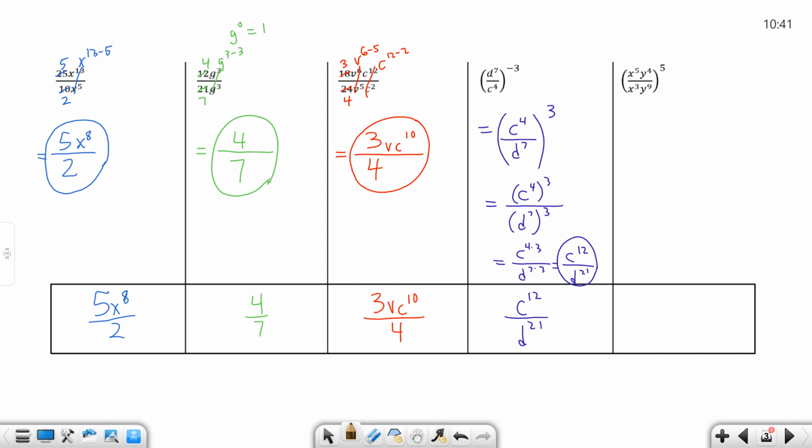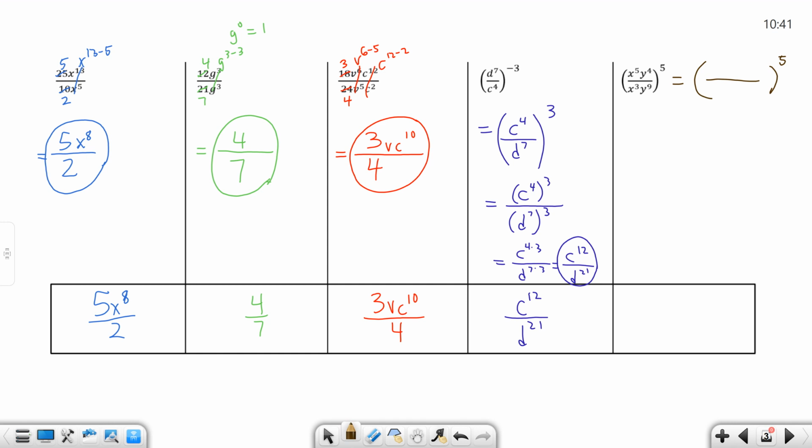So then what about x to the 5th, y to the 4th over x to the 3rd, y to the 9th, all to the 5th power? First thing I want to do is get rid of my negative exponents. That's what I like to do first. There's no negative exponents here, so then I'm going to simplify inside my parentheses. I am leaving this thing to the 5th power because I'm not ready to change it yet. In fact, I want to write it up here, leave it to the 5th power, give myself more room.